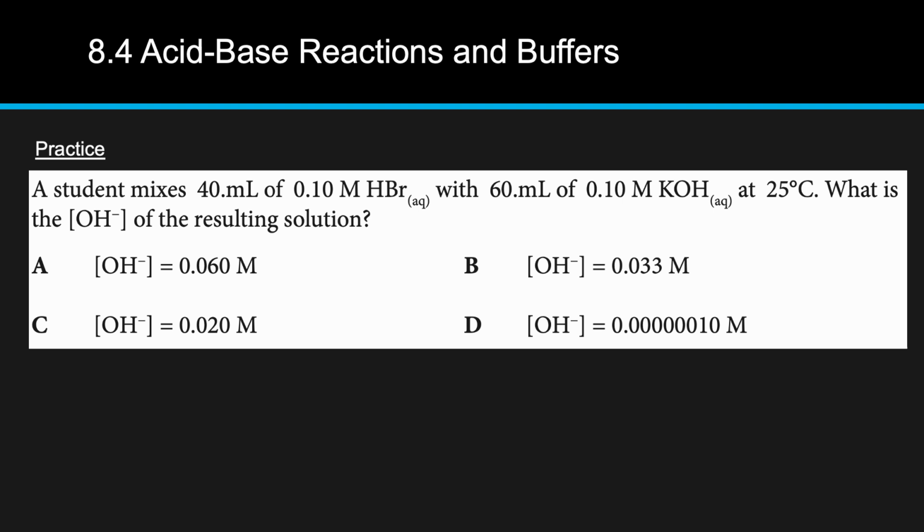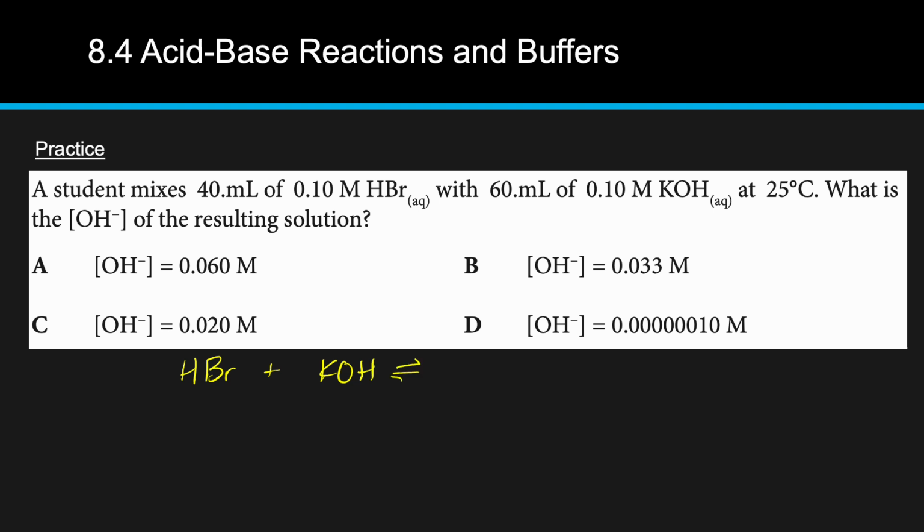All right, so a student mixes 40 milliliters of 0.1 molar HBr with 60 milliliters of 0.1 molar KOH. What is the concentration of hydroxide in the resulting solution? So we've done a couple of these. I'm going to not do states of matter because I'm feeling lazy, but make sure you do those on the final exam.